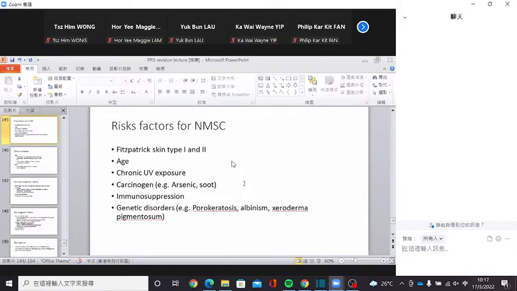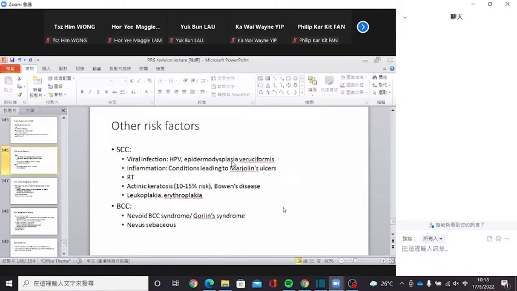So the risk factors for non-melanoma skin cancer. These two are grouped as non-melanoma skin cancer. Fitzpatrick skin type 1 and 2, that means those with white skin, age, chronic and excessive UV exposure, some carcinogens like arsenic, immunosuppression, like patients with organ transplant being on immunosuppressants for a long period of time, and some genetic disorders like xeroderma pigmentosum and albinism.